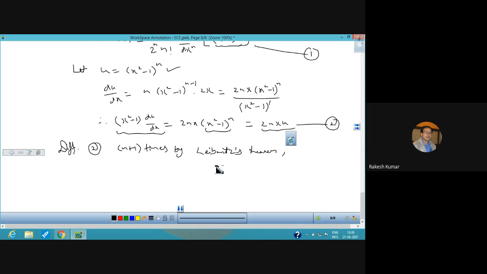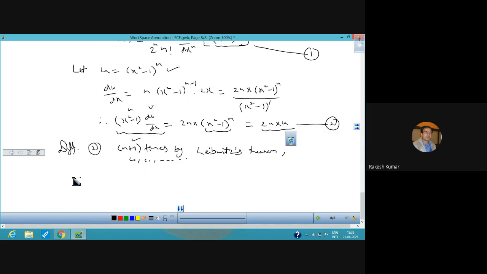Now we will do both sides, the right hand side and the left hand side. In the left hand side you will take one factor as the u function, and the other as the v function. By the u into v formula, because we are going to differentiate n plus 1 times, we have to take constants. Suppose I choose constants c0, c1, and so on, as many as we need.